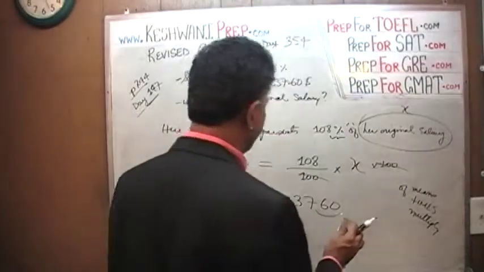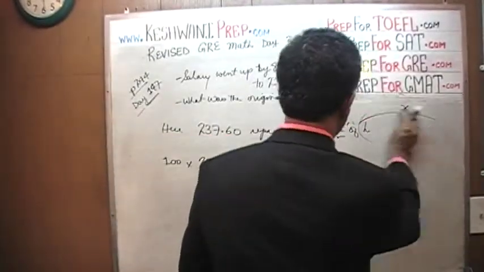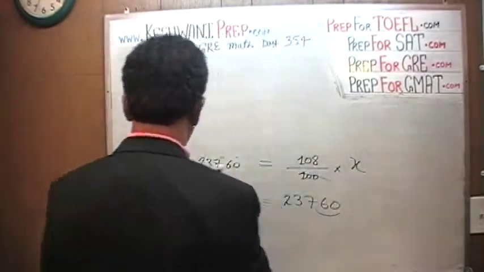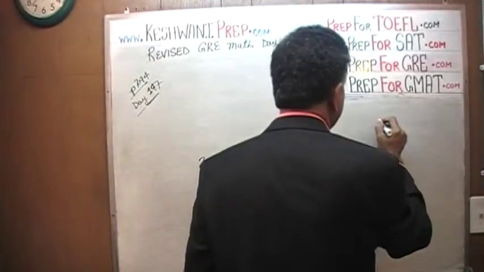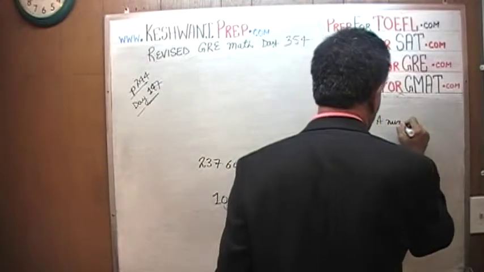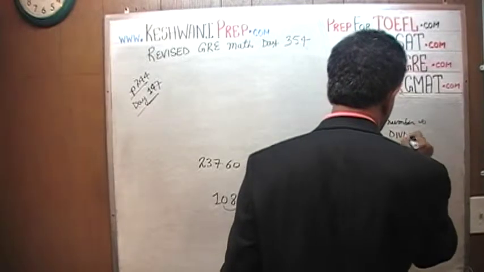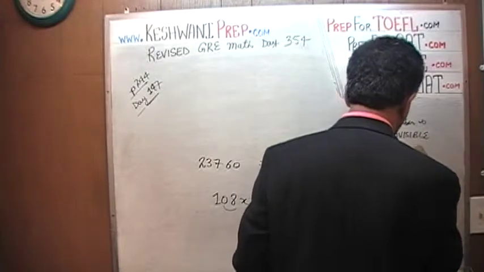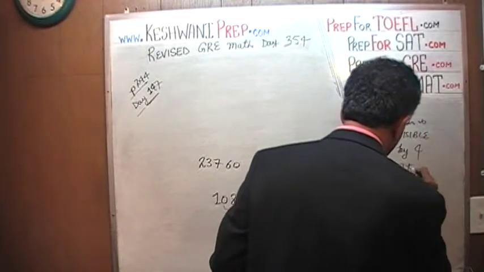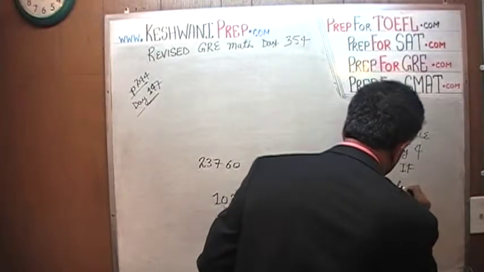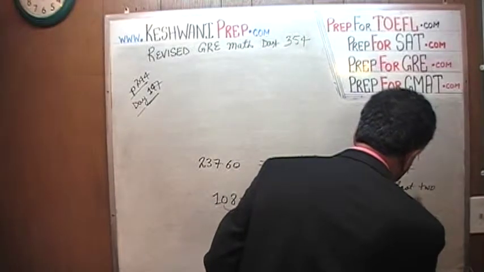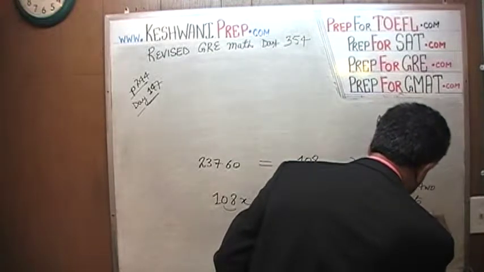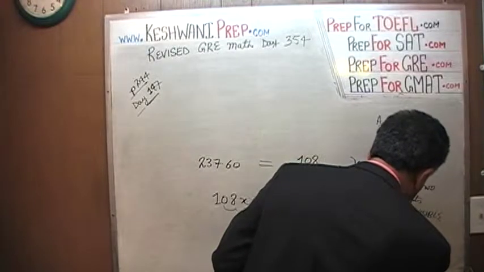What we learned long time ago is that a number is divisible by 4 if its last two digits are divisible by 4.